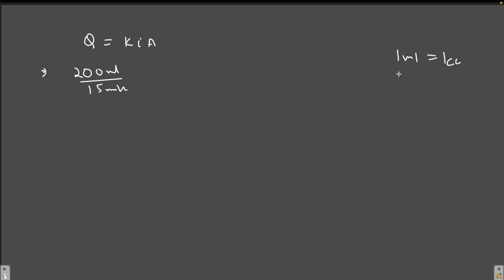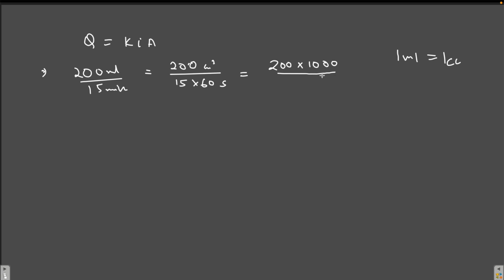So this can be written as 200 centimeter cube by 15 into 60 seconds, converting minutes to seconds. Now we have to convert centimeter cube to millimeter cube, so we have to multiply it by 1000.